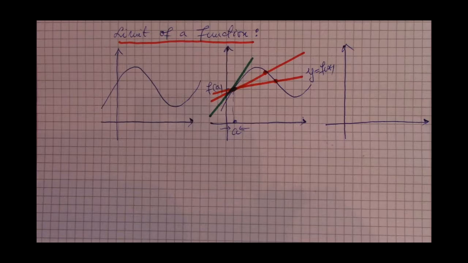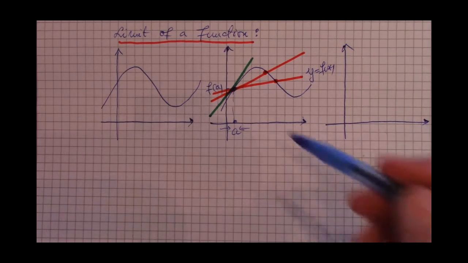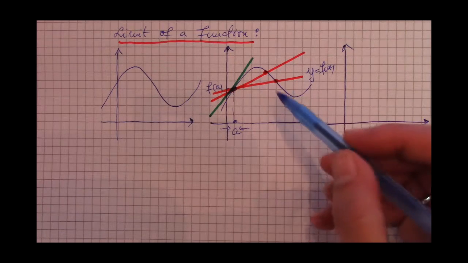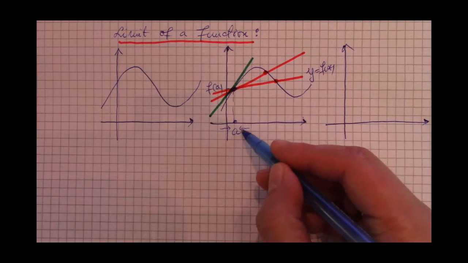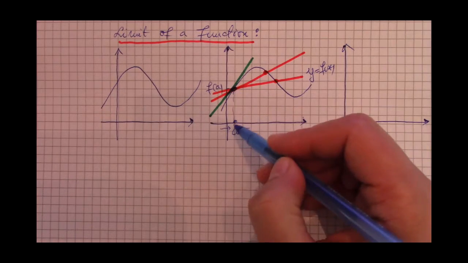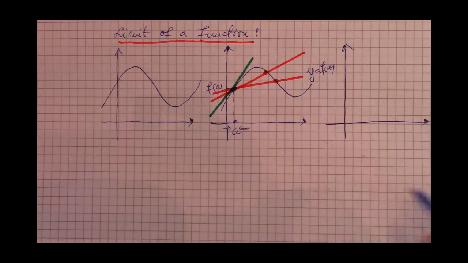Now, let's move away a little bit from secants and tangents, but still stay with the idea of approaching a certain point and not necessarily touching it, just approaching it.